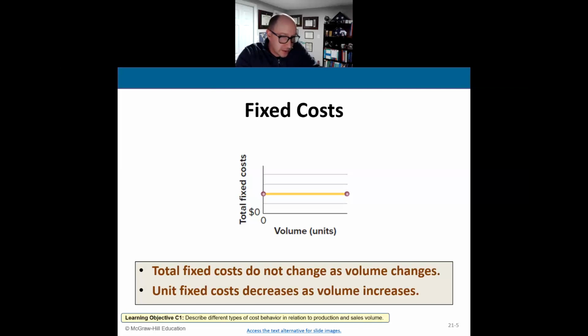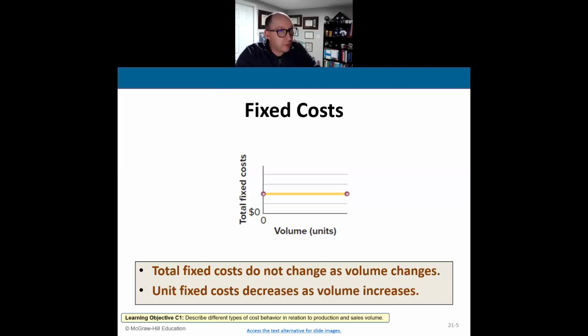We know that these costs go into making a product. We also know that there are other costs. There's period costs and product costs and prime costs and these types of things.